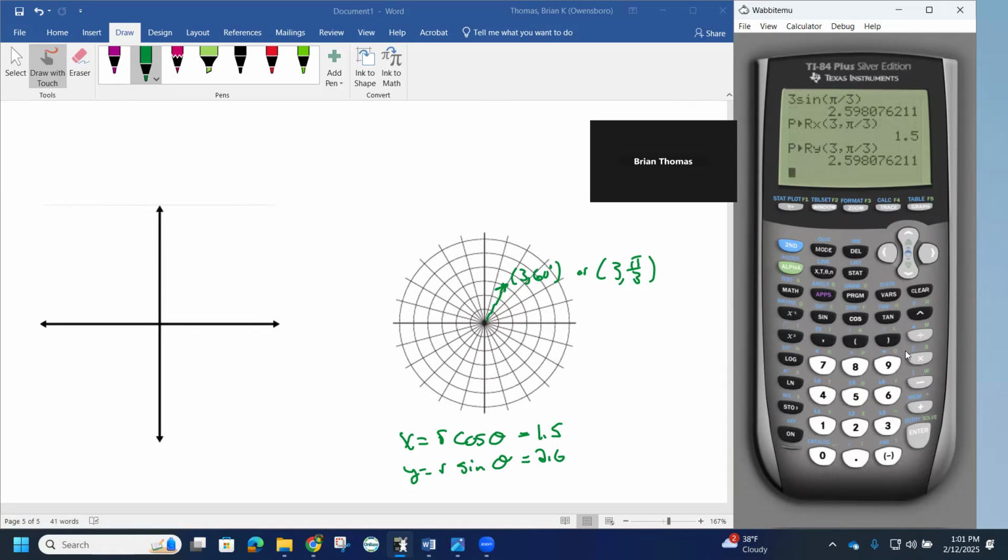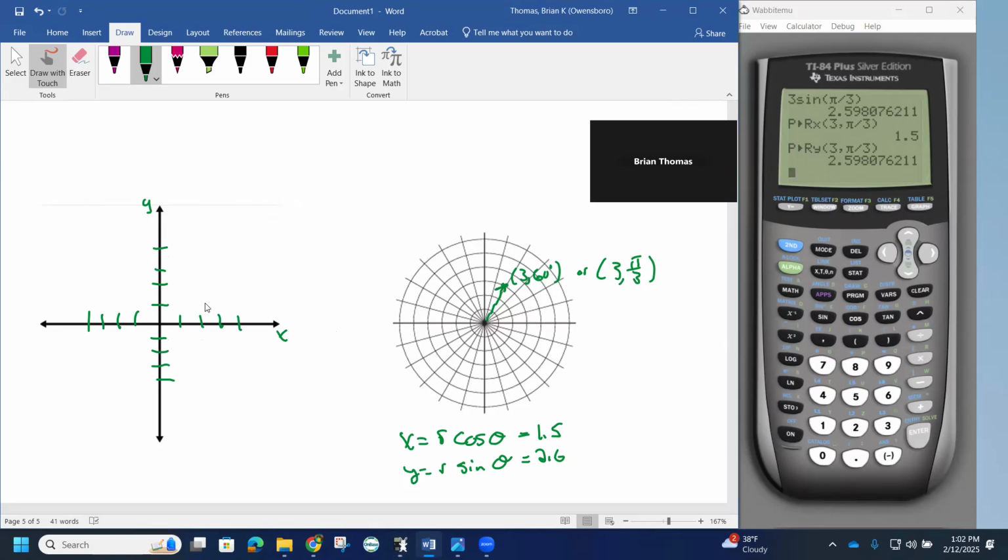So if I go over to my rectangular coordinate system, here's my x direction, here's my y direction. So 1, 2, 3, 4, 1, 2, 3, 4, 1, 2, 3, 4, 1, 2, 3, 4.